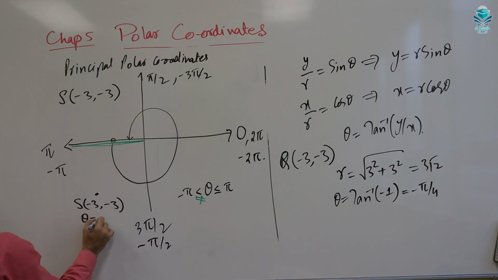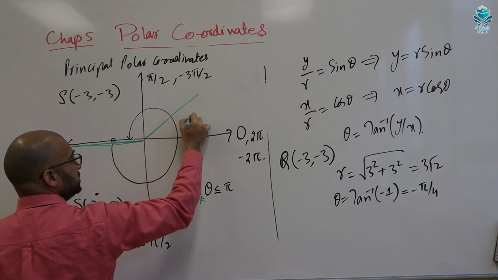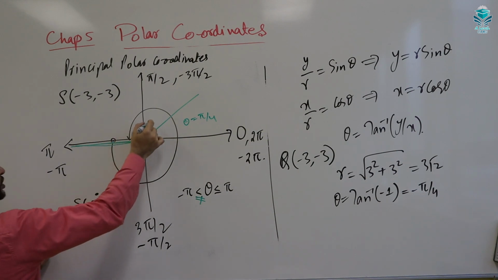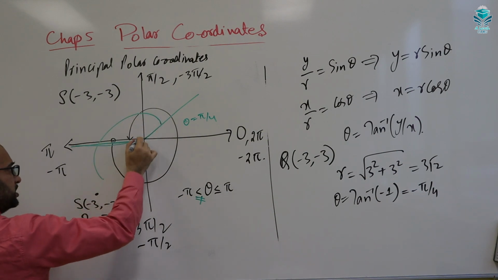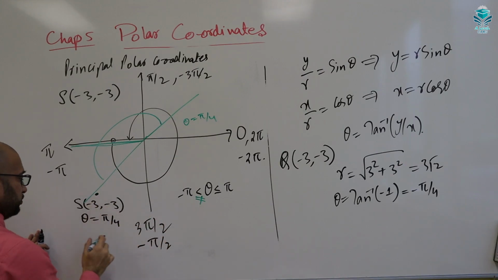The angle you measure here is pi by 4, which means the angle is here, theta equals pi by 4, and you have to come here. So you should add pi to come here. It is the general polar coordinate. If I write down its polar coordinates, it will be 3 square root 2, 5 pi by 4.